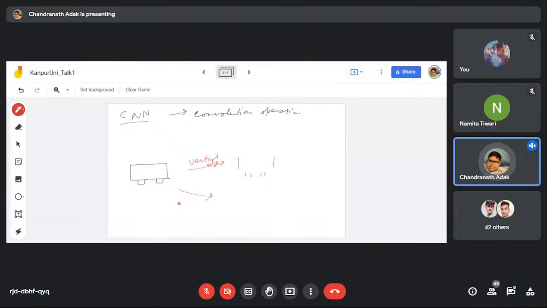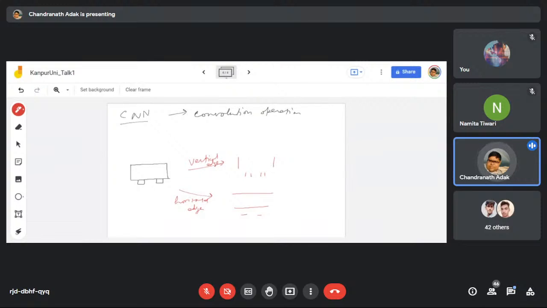And if you want to detect the horizontal edges, you will get this line and these two lines. So is it possible to detect edges? We need to know.